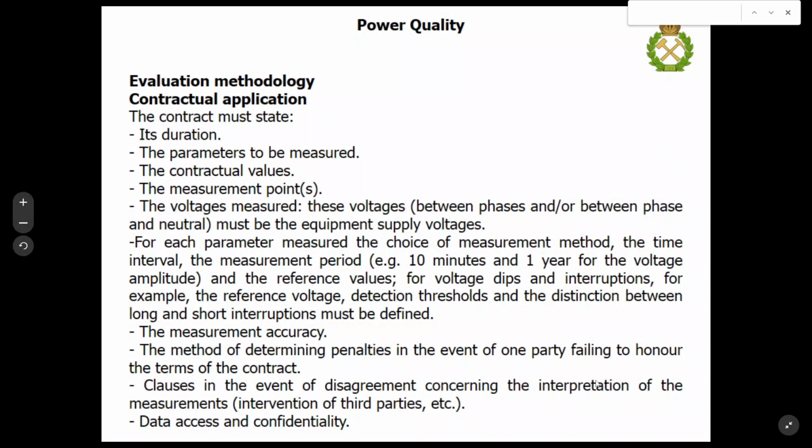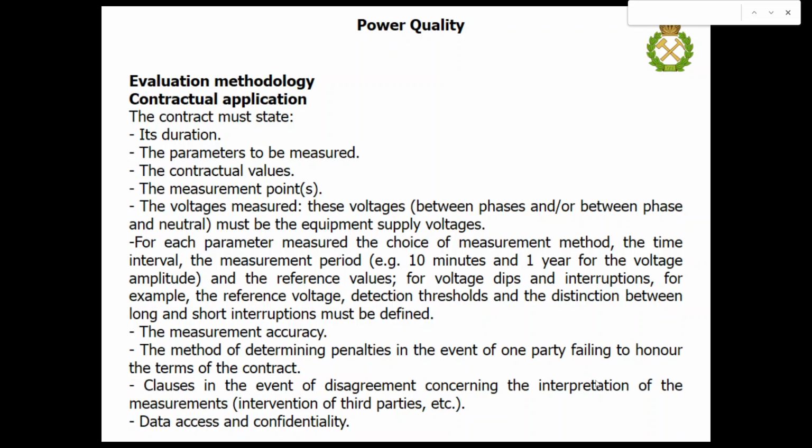Also evaluation of some power quality problems according to their duration, parameters, contractual values, and measurement points. All these factors should be taken into account when we plan or organize our technical or organizational solution to raise power quality level according to the national or international standards.